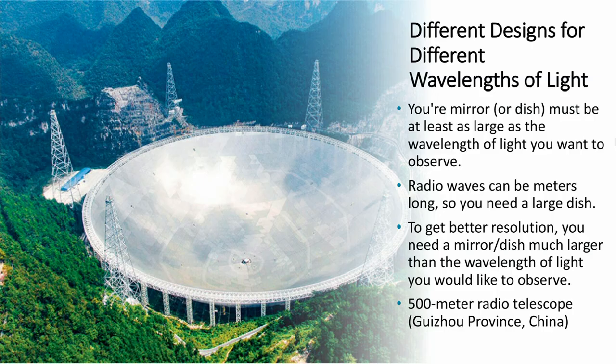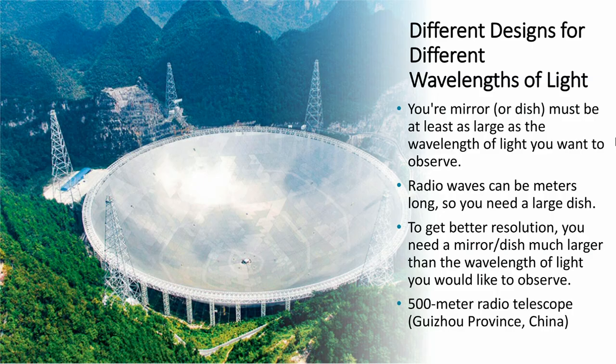The main barrier is for whatever wavelength of light you're trying to observe, your primary mirror, or in this case a dish, has to be at least as big as the wavelength of light you're trying to study. So for visible wavelength light, you're in the hundreds of nanometer range, so it's really easy to make a piece of glass bigger than that.